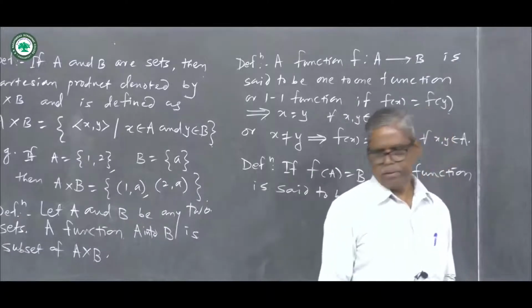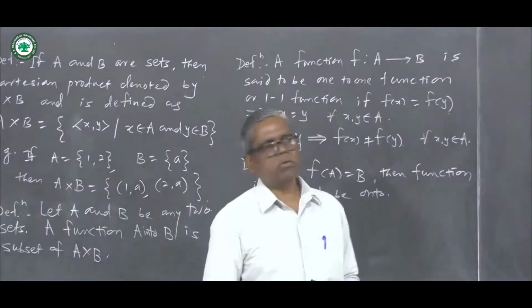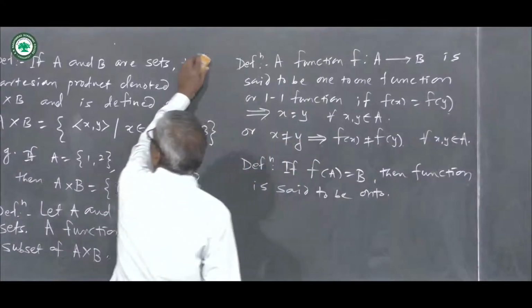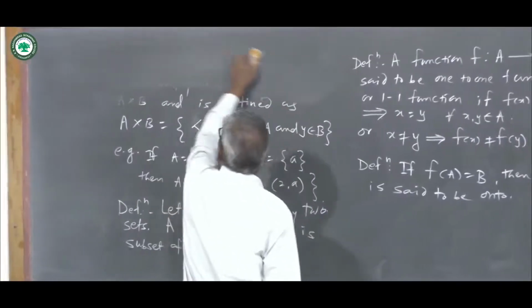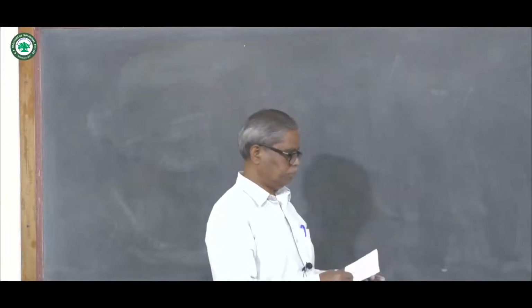Now we see some theorems. Here A is domain, B is codomain. If f is one-one from A to B, one-one and onto, then f inverse exists. Theorem 1.